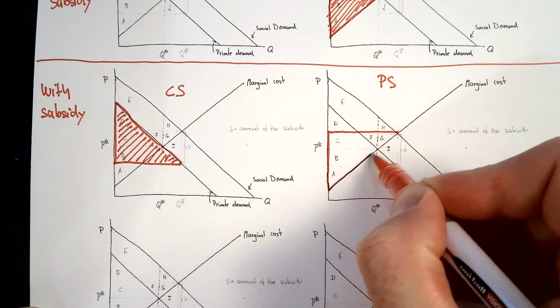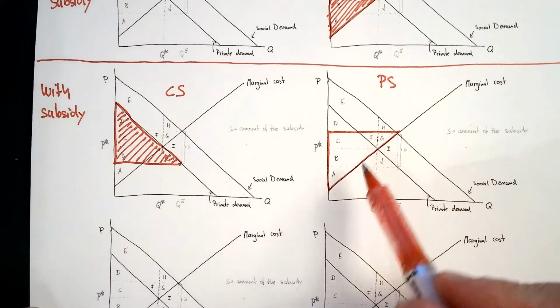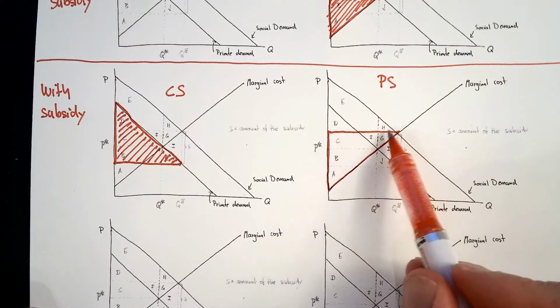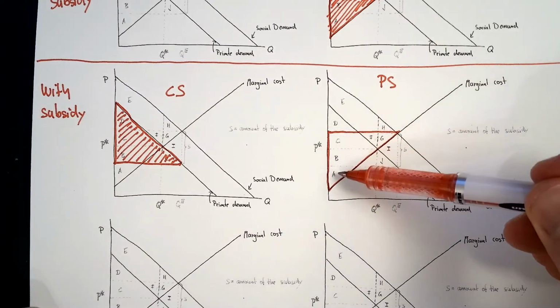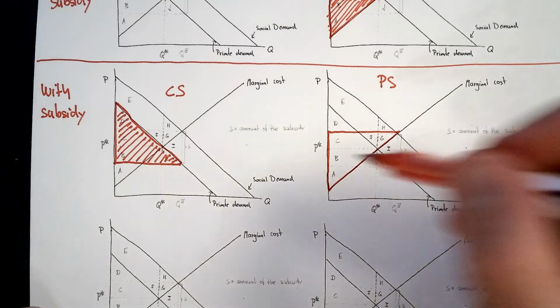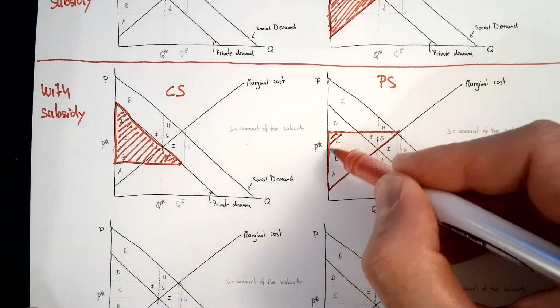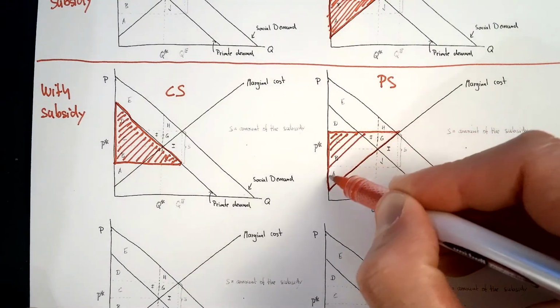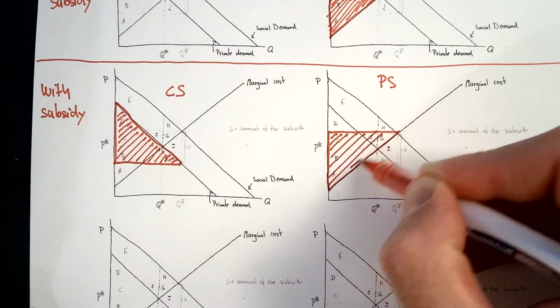And this is represented by the areas underneath the price and by A, B, C, F, and G. So the new producer surplus is this area here.